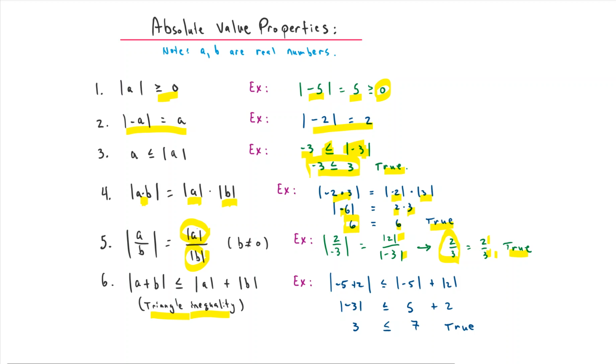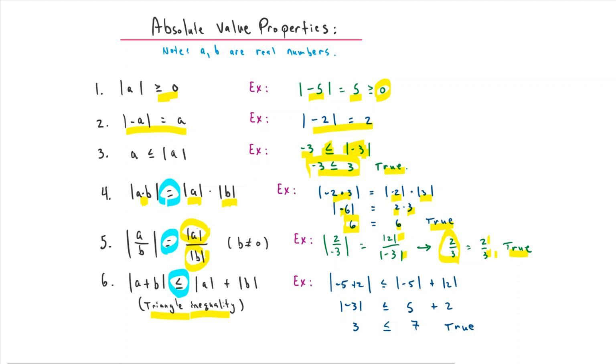So notice before it was equal to, meaning up here in number 4, we were multiplying and the two sides were equal. Number 5, we were dividing, two sides were equal. But when we're adding, it doesn't quite hold. So when we're adding, it's no longer equal, it's less than or equal. So the left side has to be less than or equal to the right side.